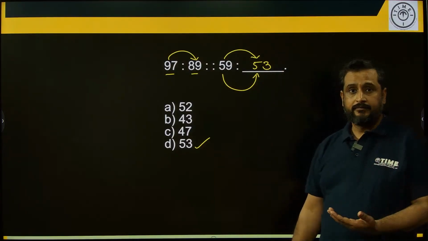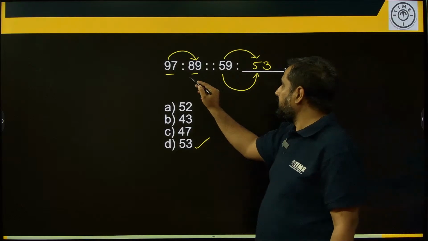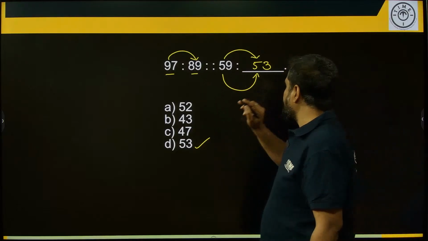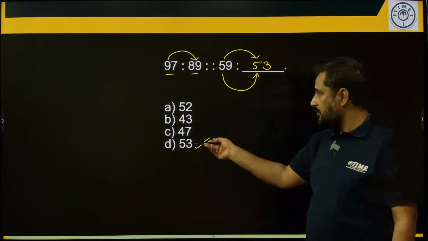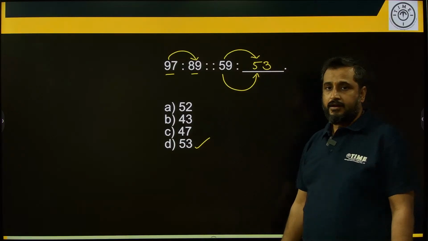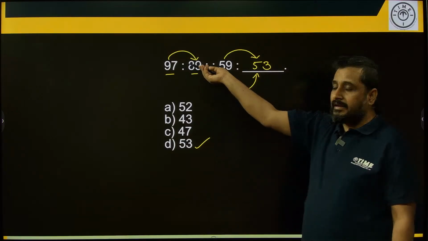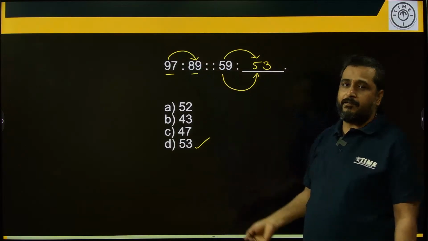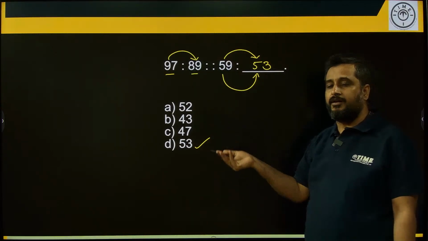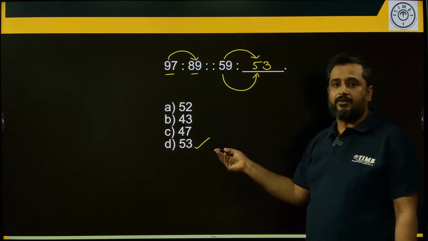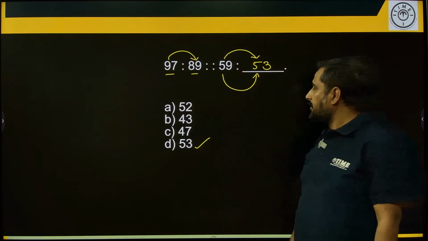You may try it. The difference between 97 and 89 is 8. 59 minus 8 is 51, but it is not there in the choices. When you observe these numbers, you can clearly see that these are prime numbers. By applying the prime number logic, there is a chance to get the correct answer. Okay. Now, let's see the next question.